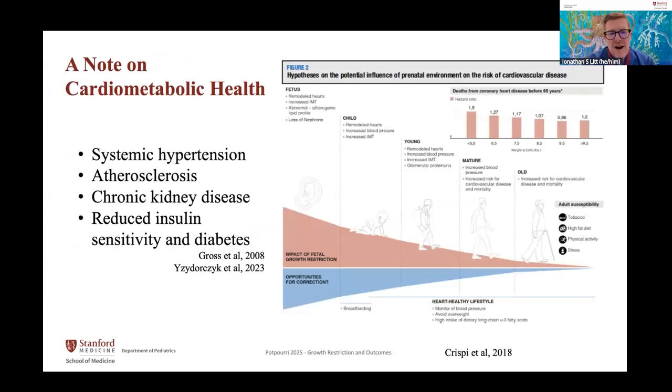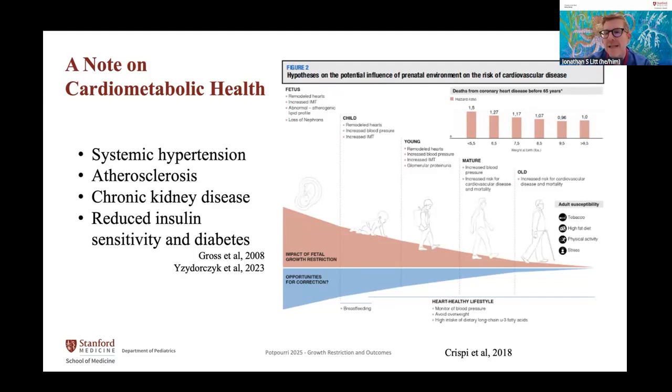There are reports that infants who had growth restriction in fetal life are at risk for systemic hypertension, atherosclerosis, chronic kidney disease, reduced insulin sensitivity, and eventual diabetes. And again, though, it really isn't clear: is it the growth restriction, or is it the postnatal environment and catch-up growth that's going to lead to these chronic diseases of adulthood?